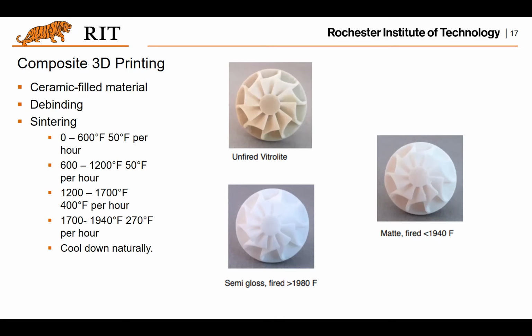That is to heat up the parts to a high temperature to actually fuse those particles, either ceramic or metal, together, and then cool down naturally to have the final parts. So that's how people utilize stereolithography to build ceramic or metal parts. Simple, right? But the thing is, you have the capability of 3D printing, which could produce complex geometry.